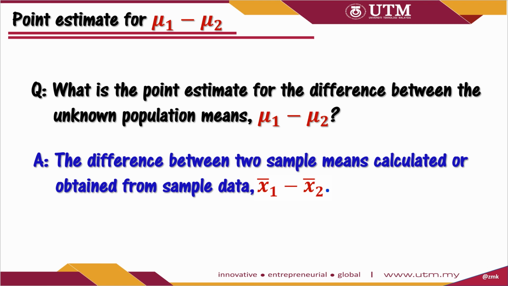In other words, the point estimate for mu1 minus mu2 is x bar 1 minus x bar 2. In reverse, the point estimate for mu2 minus mu1 is simply x bar 2 minus x bar 1. In summary, the point estimate for a difference between two unknown population means is simply the difference between two sample means that we can calculate from sample data.